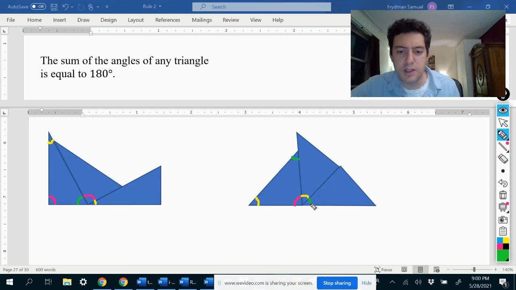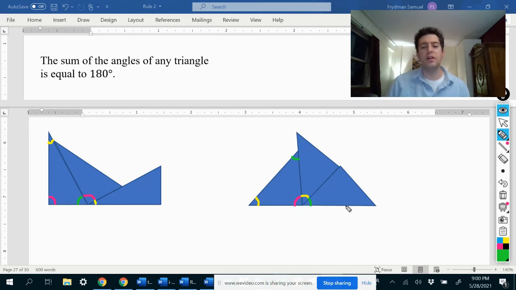So again, we can see that when we put it together like this, all three of these angles together make a straight angle. Okay, this is a straight line over here. A straight angle, remember, is 180 degrees. So again, the angles of this triangle would add up to 180 degrees. The angles of any triangle would add up to 180 degrees.